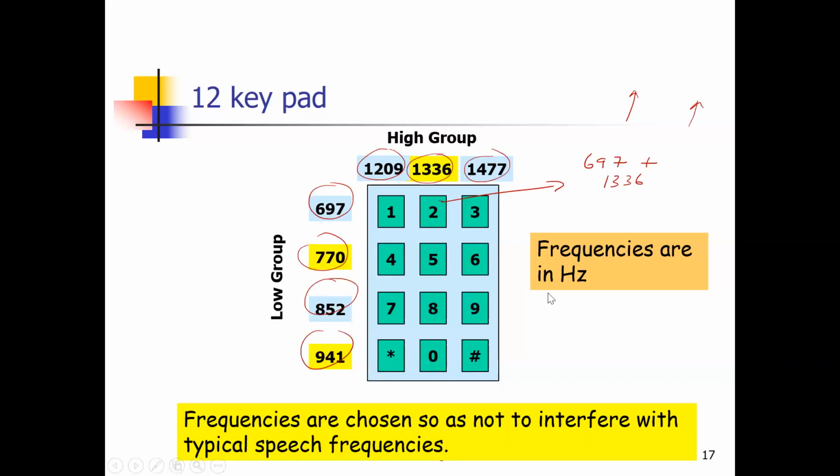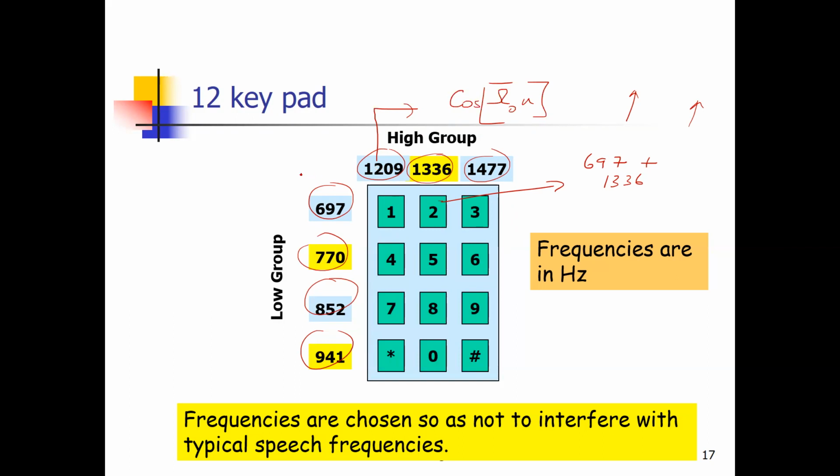If I'm generating it, each one of these is a cosine of omega naught n, where omega naught is 2 pi 1209 over some sampling frequency. It depends on the system that you use.